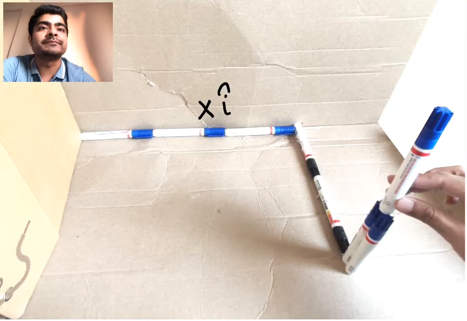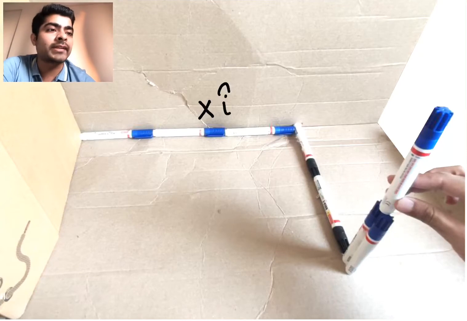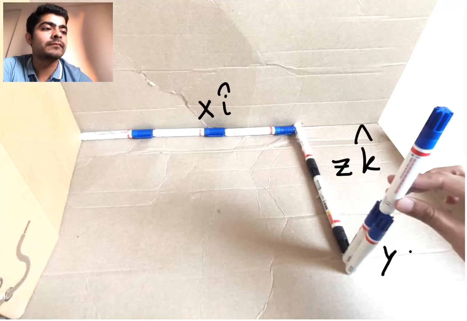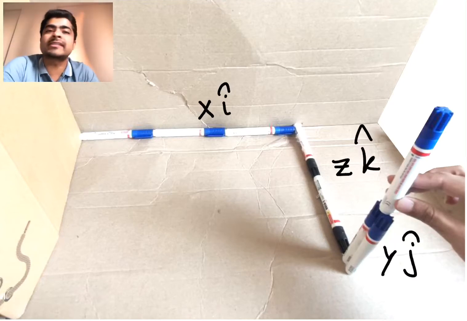Then similarly, this is the vector along the z-axis, so I could write this down as z k cap. And finally this is the vector along the y-axis, so I could write this down as y j cap. Okay, so I got these three vectors.